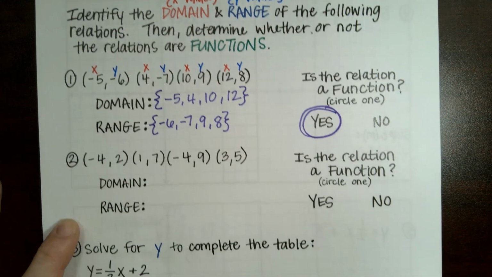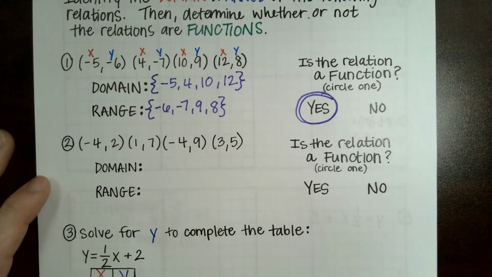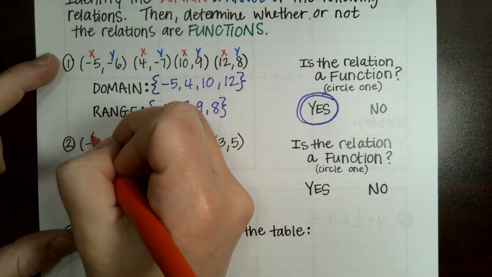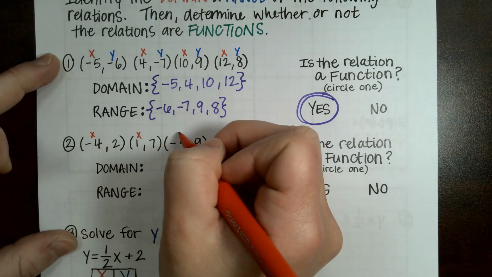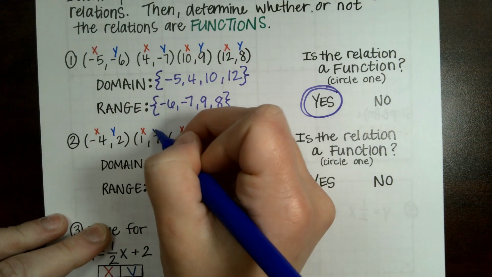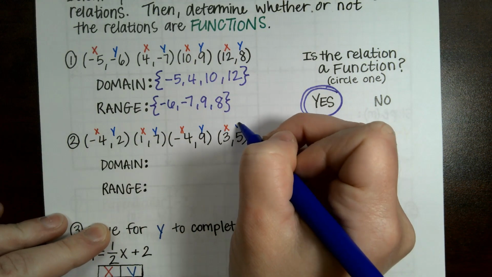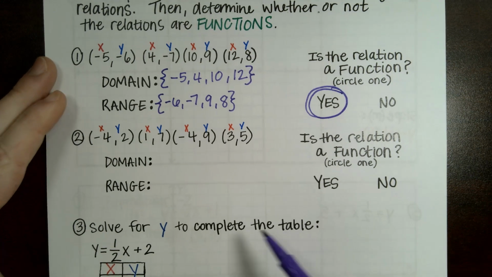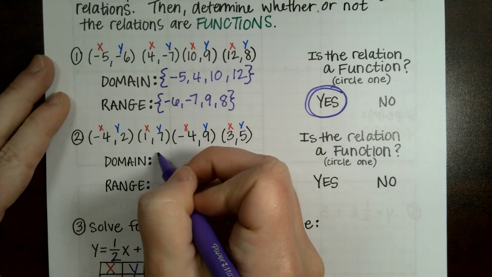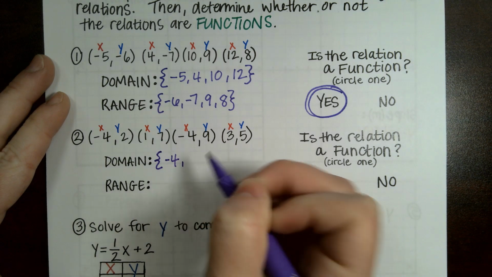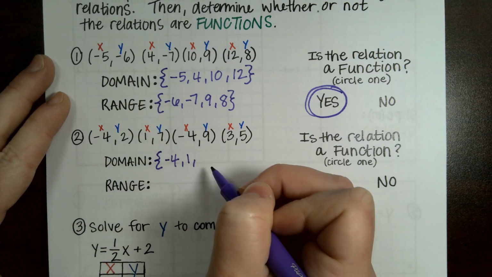Okay, let's look at number 2. Let's start by labeling our x's and our y's. I think that's always a good place to start. So we've got our x values first, and our y's come second. And what's our domain going to be? -4, 1, and 3.